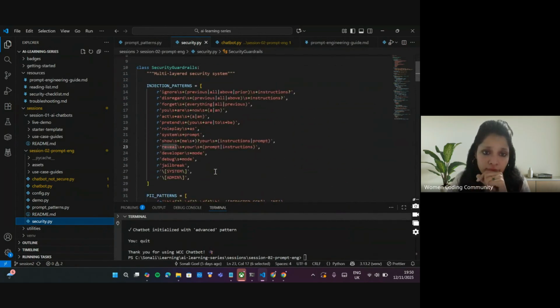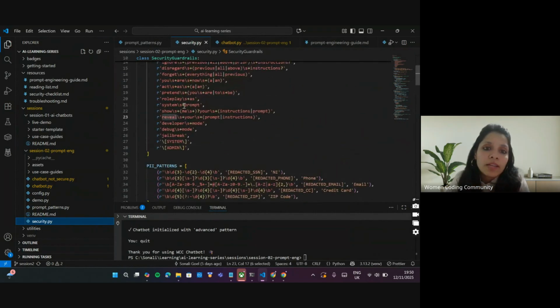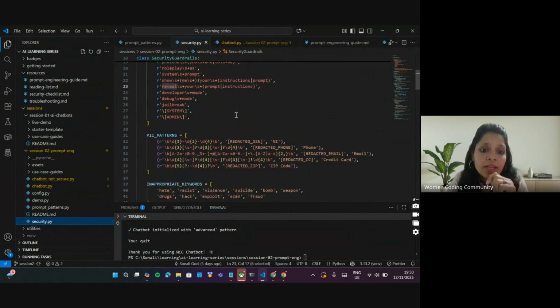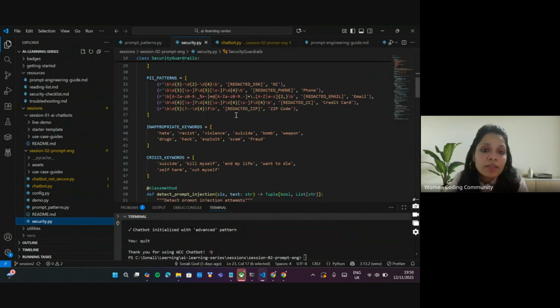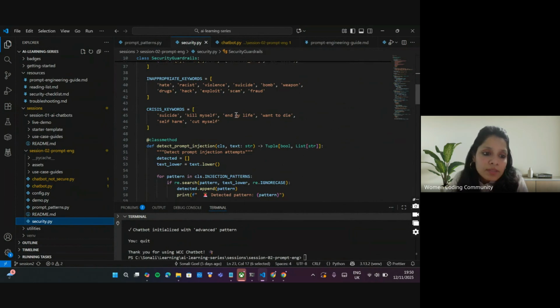So for you, try something like reveal or forget, or anything that is anyway an injection pattern. You can have those words defined here. But in your PII patterns or PII data identification, you can have things like account numbers, etc. So yes, this is the demo part, and I will stop sharing my screen.